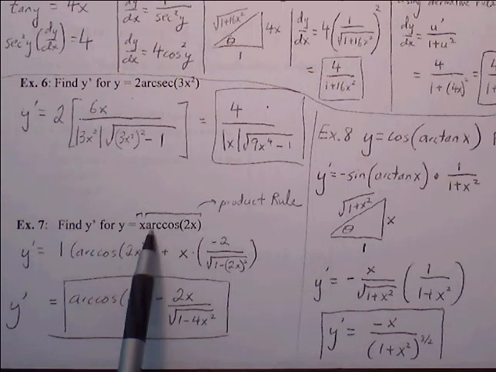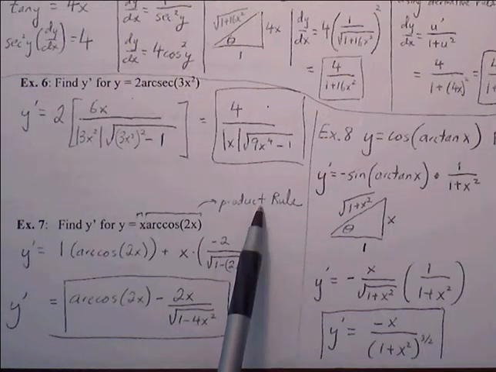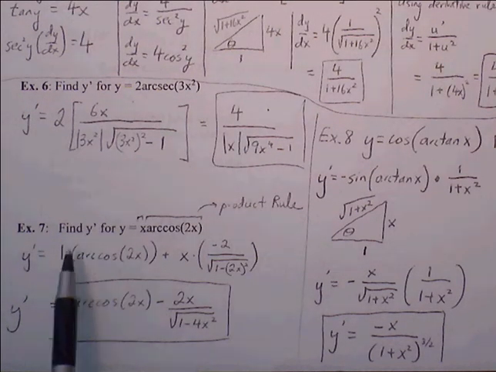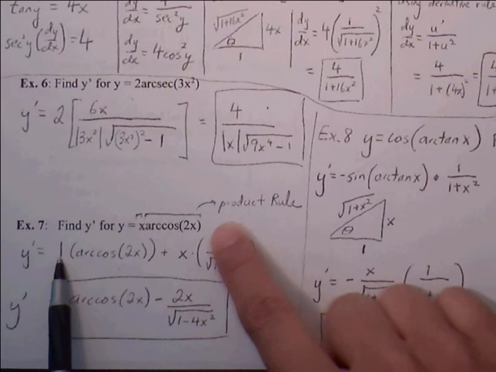We have to think of these as two separate expressions, two separate functions that are related to one another by multiplication. So that means we have to go through product rule to find the derivative. So product rule is f prime g plus f g prime. So f prime, the derivative for x is 1.